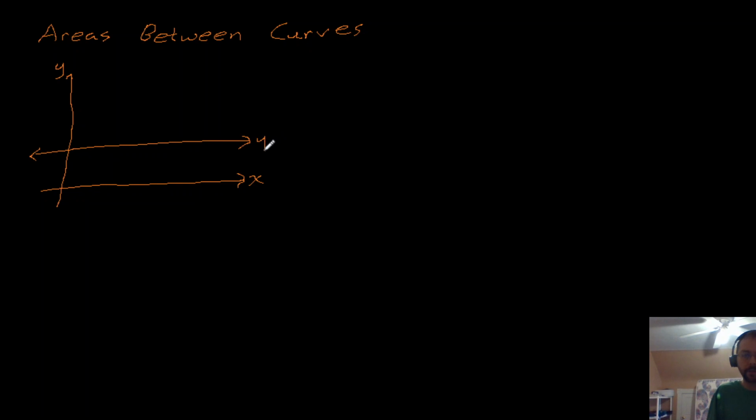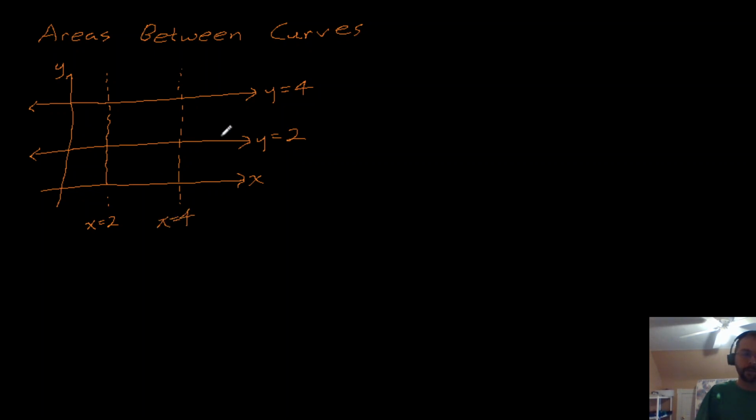This is y equals 2, and this is y equals 4. And this is going to be x equals 2. And this is going to be, not quite drawn to scale, x equals 4. And what we want to find, let's say, is this area in the center here.